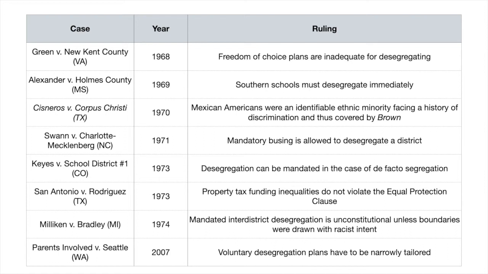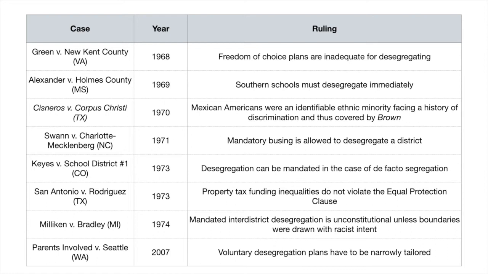The court said, yes, de facto segregation, even though it may not have been codified in the way that de jure segregation was, districts can be remanded to desegregate, and mandatory busing could be implemented in Denver. So this was the first mandating of desegregation of de facto segregation in the North.